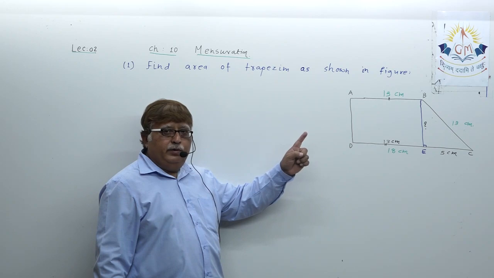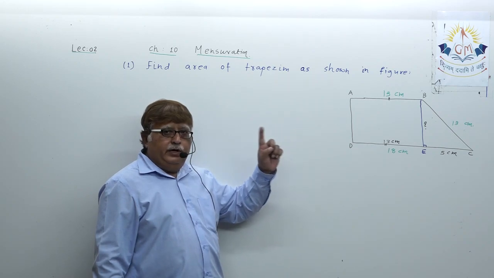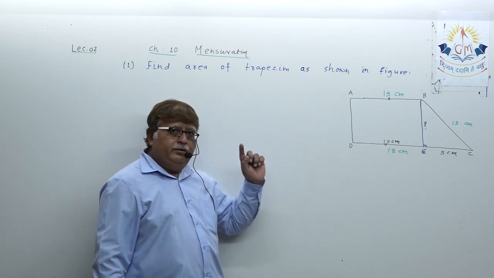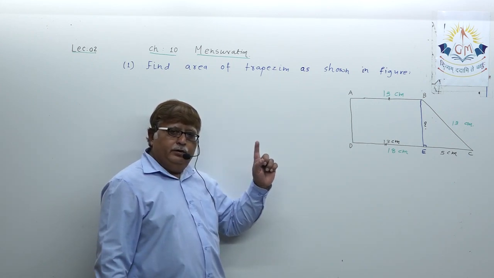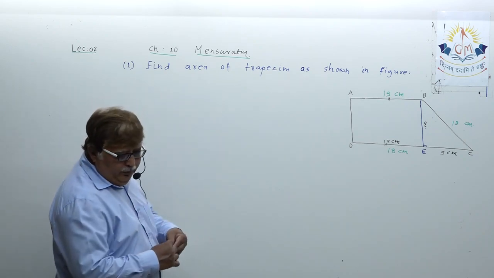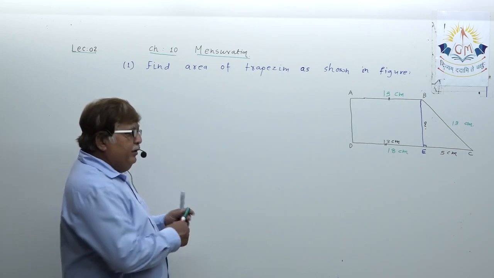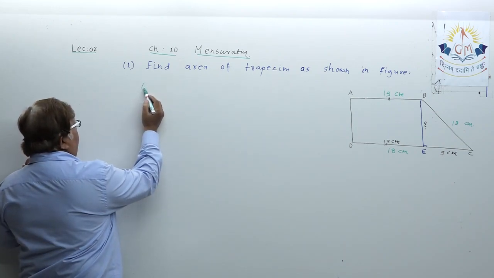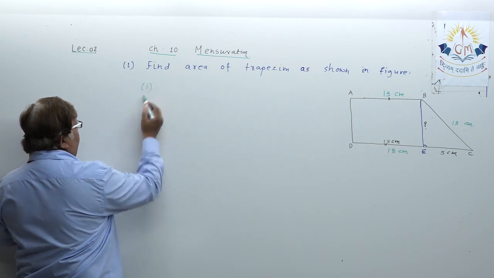So dear student, we are starting the example by applying Pythagoras theorem in triangle BEC. So the first step of the sum. These are some difficult examples, so we are moving stepwise.